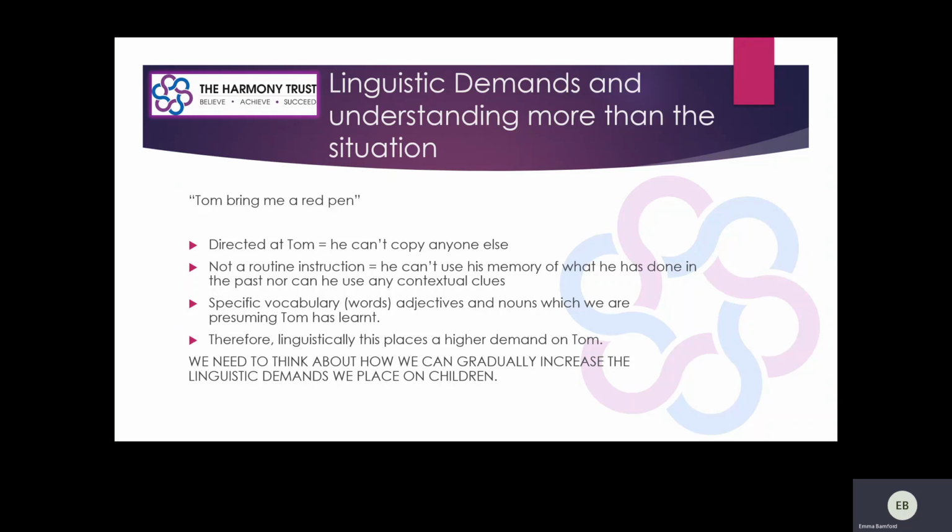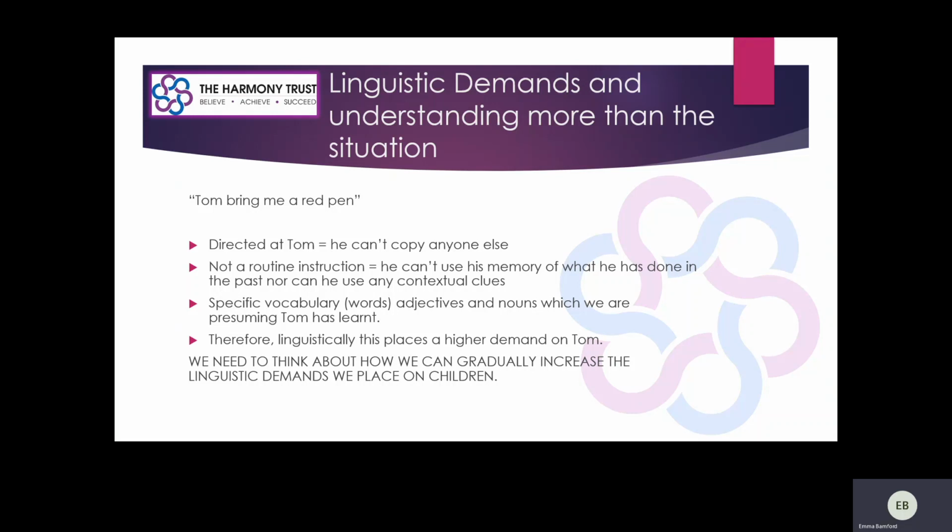This is because the first instruction is routine-based, whereas the second instruction, Tom, bring me a red pen, yes, it may only contain 6 words, but unlike the first instruction, it's directed only at Tom. Therefore, Tom can't copy anybody else. He can't look around his environment for clues.